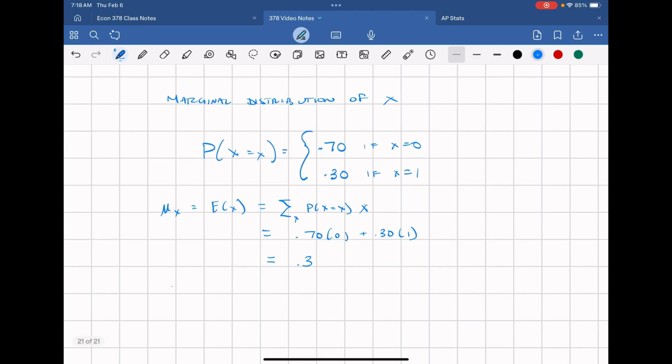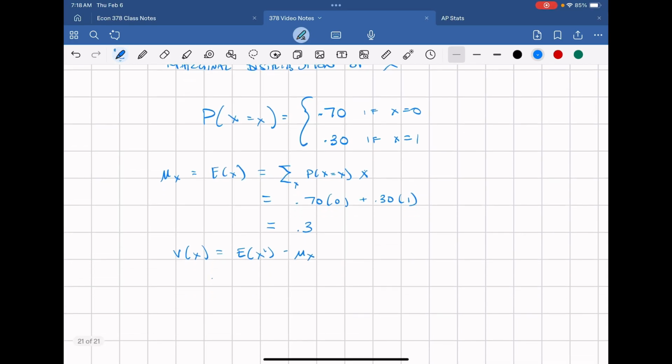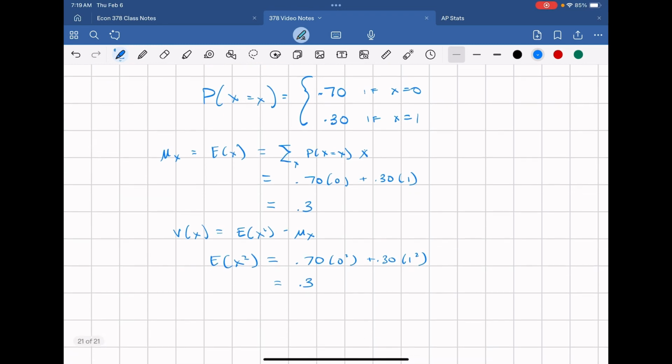Now, when we look at the variance of x, this is equal to the expected value of x squared minus mu of x squared. And so now we need to find the expected value of x squared, which is equal to 0.70 times 0 squared plus 0.30 times 1 squared, and this is equal to 0.3.